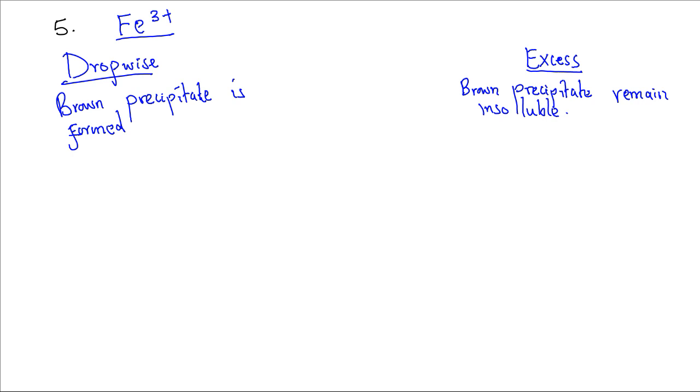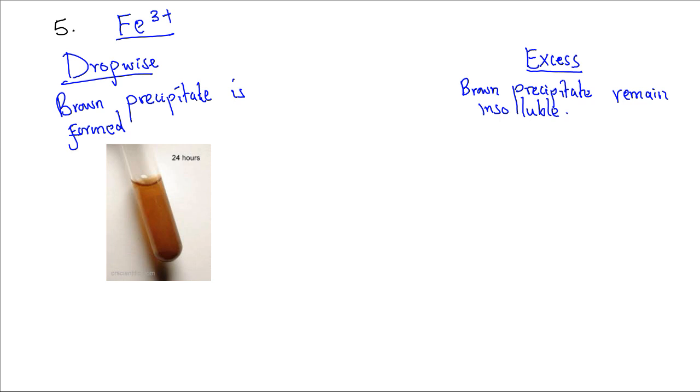So this brown precipitate is due to formation of iron 3 hydroxide, which on addition of more drops of sodium hydroxide solution does not dissolve, but instead remains insoluble as shown in this given test tube.